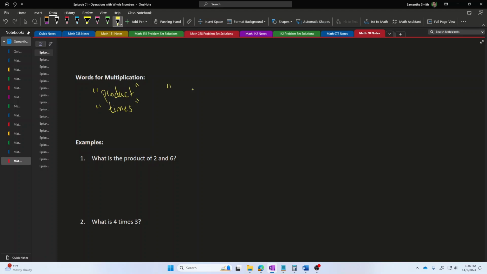Multiplication can also be indicated by the English word of. Some special multiplications can be represented by the English word double. This means specifically multiply by 2. Or the English word triple, which indicates specifically multiply by 3.